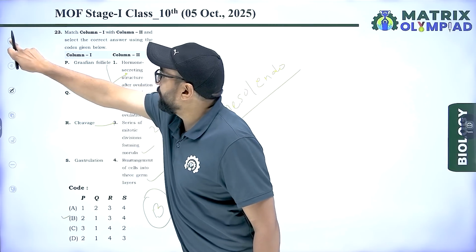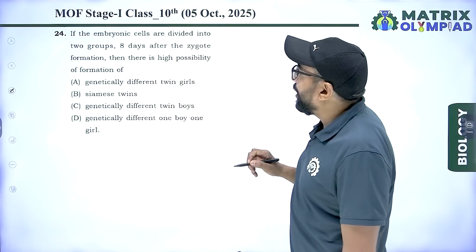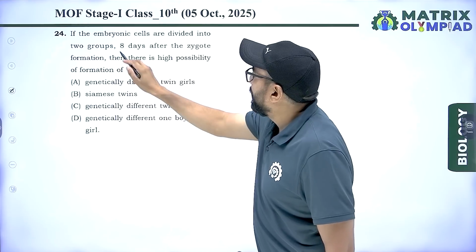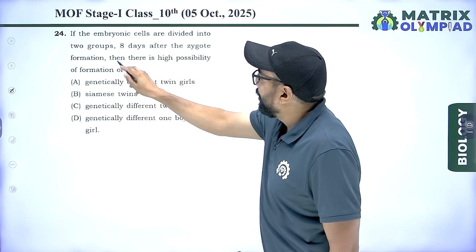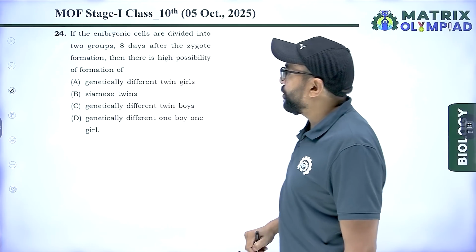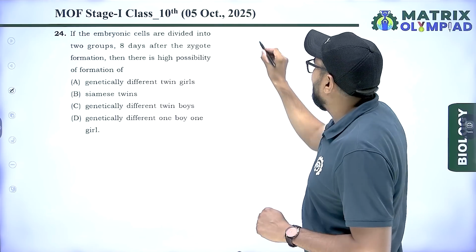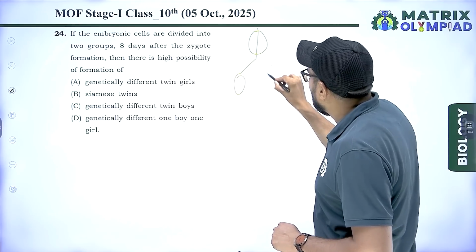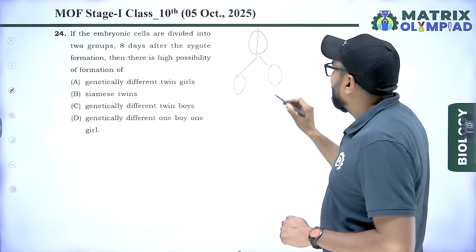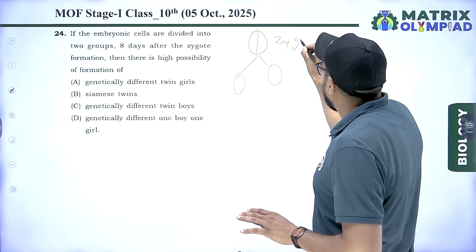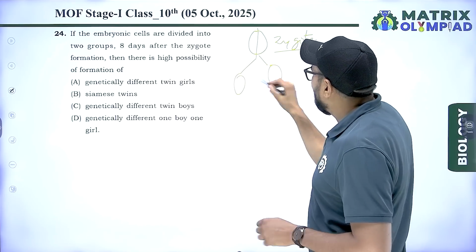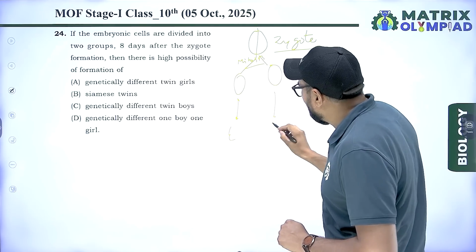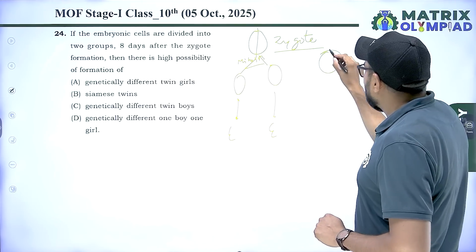Next question is 24th. If the embryonic cells are divided into two groups 8 days after the zygote formation, then there is a high possibility of the formation of what? The zygote's embryonic cells divide into two groups by mitosis, and each develops into an embryo.